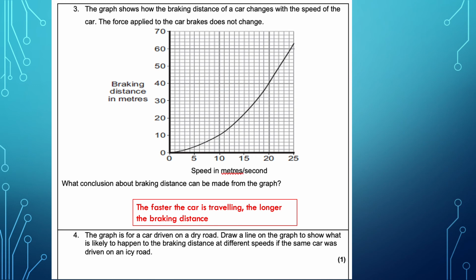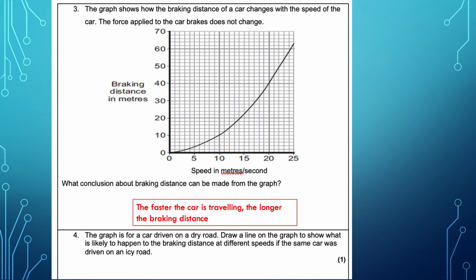So number 4 is an extended question where you need to understand, what would happen if, how would the graph change if I change the conditions? So now it's asking, the graph that you see above is for a car driven on a dry road.